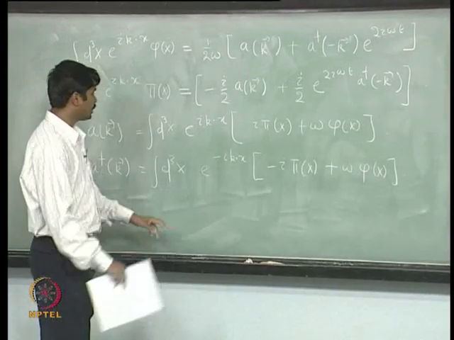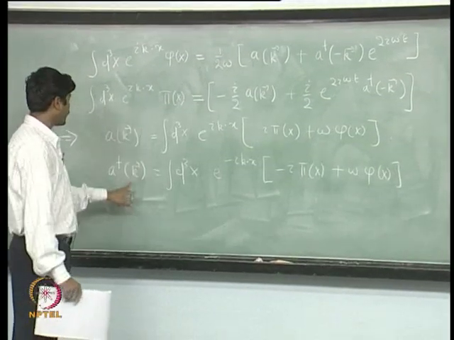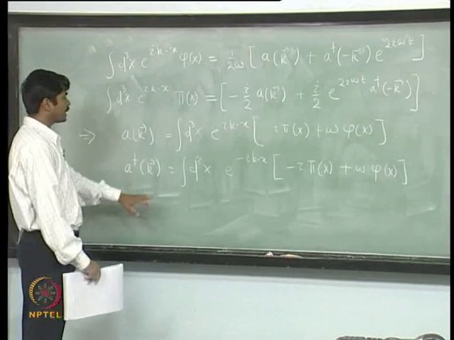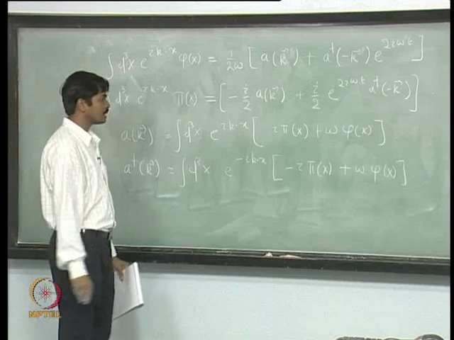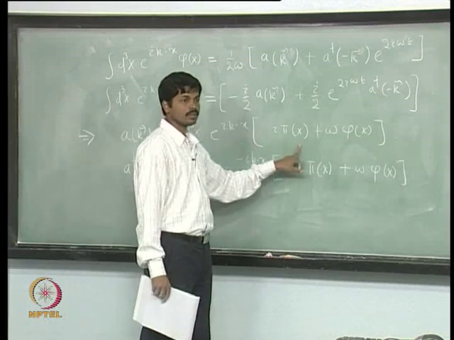So, what we will do in the next lecture is we will consider these two expressions for A and its Hermitian conjugate, and then we will find what the commutation relations are using the fundamental commutation relations between phi and pi. All right.